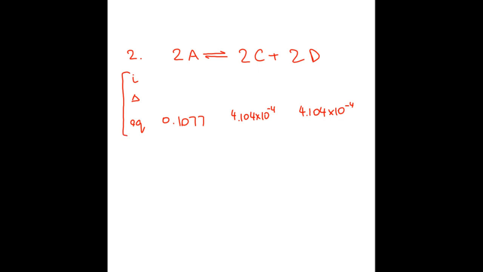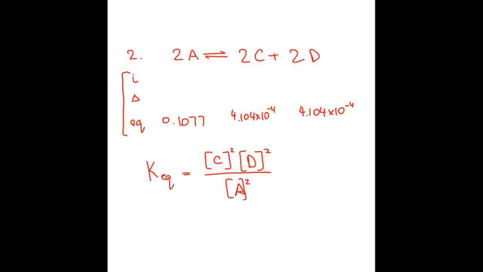All we're finding is the K equilibrium. And in this case, once again, the products are those on the right. So we have, as written out, the concentration of C to the power of 2, the concentration of D to the power of 2, divided by the concentration of A to the power of 2.